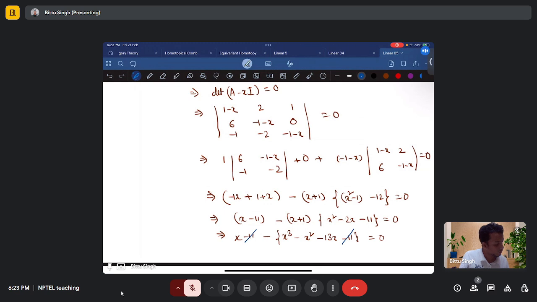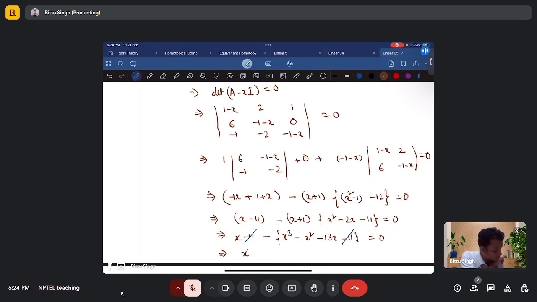So the equation reduced to, if we take x common, then we get x cube, x cube means it will become x square. So instead of writing this, let me again write.